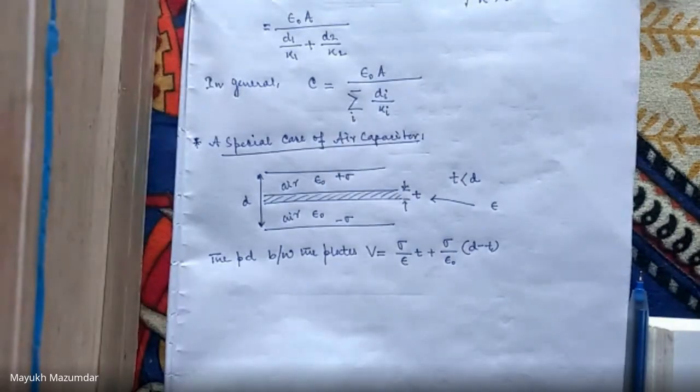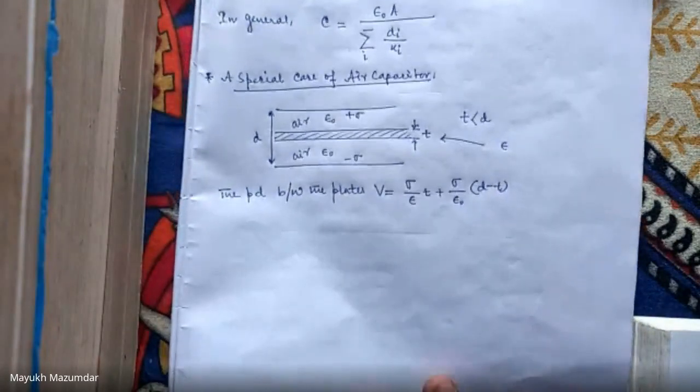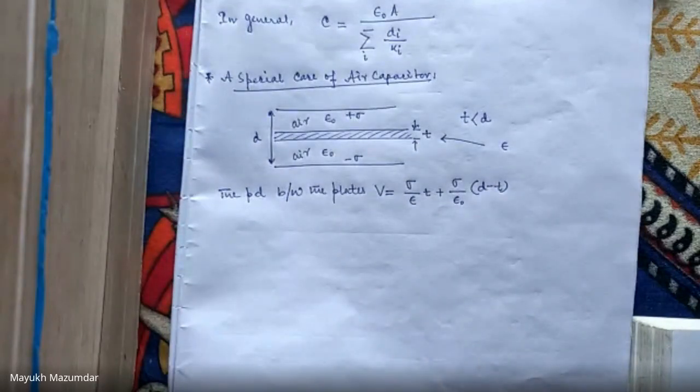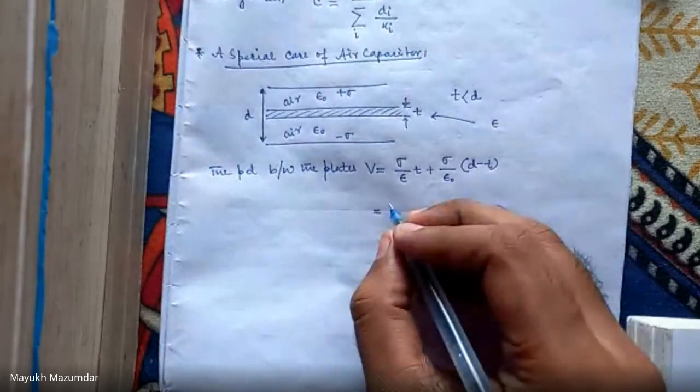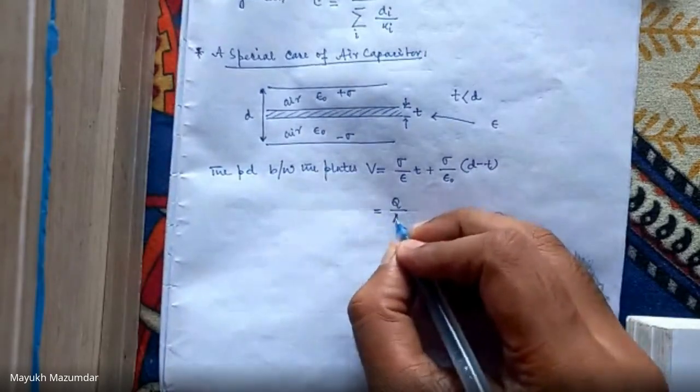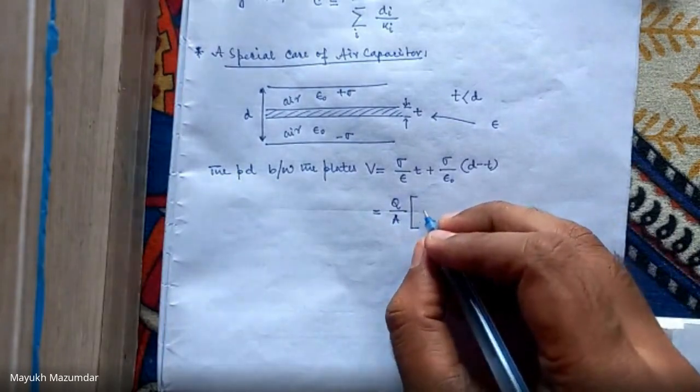Sorry, I got dropped off. So that's how the potential would look like. Now again, the same old thing: replace the value of sigma in terms of charge.